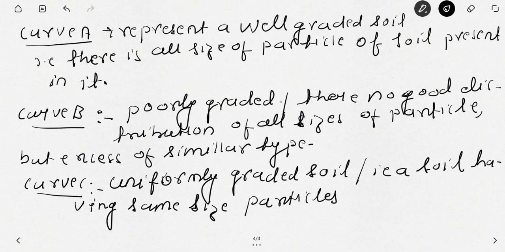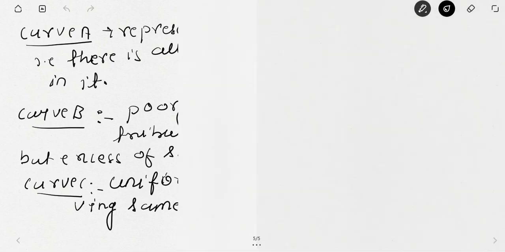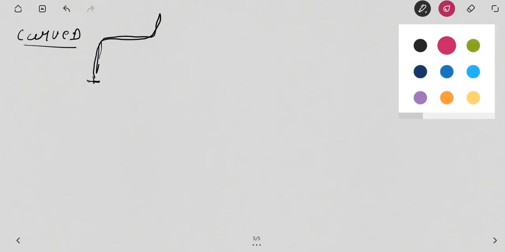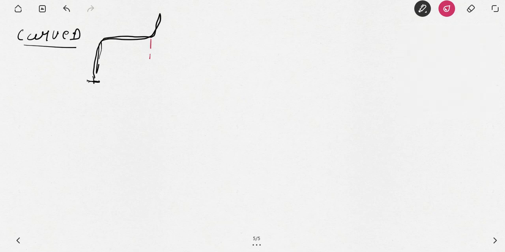Now look at curve D. It was something like this fashion. What does it mean? Let me change the color. Particle size of category 1, particle size of category 2, and this entire portion is missing.